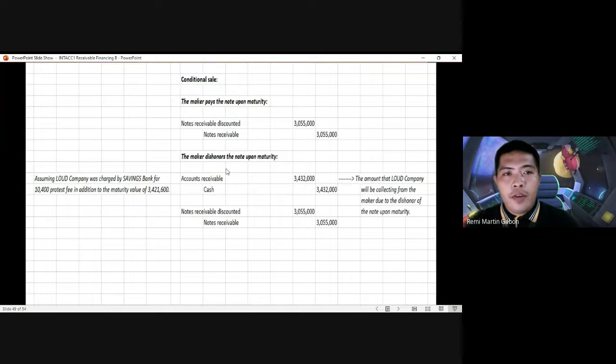Now let us say, for example, under conditional sale, Loud Company was charged by Savings Bank for 10,400 protest fee in addition to the maturity value of 3,421,600. Now, this is in the assumption that the promissory note was dishonored. Assuming the promissory note was not dishonored upon maturity, therefore the maker pays the promissory note upon maturity.